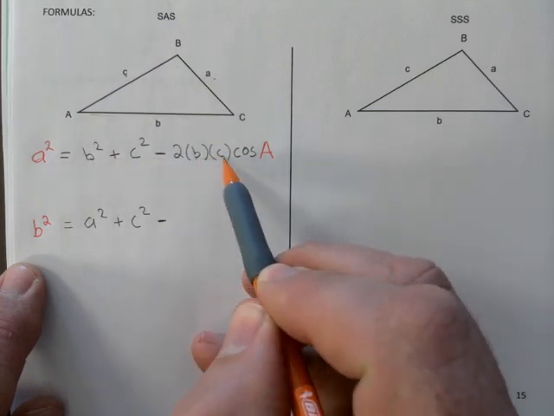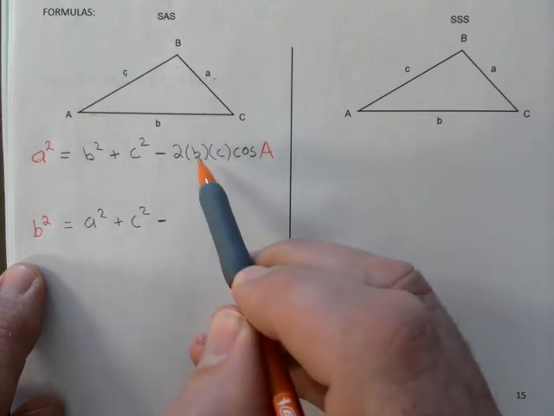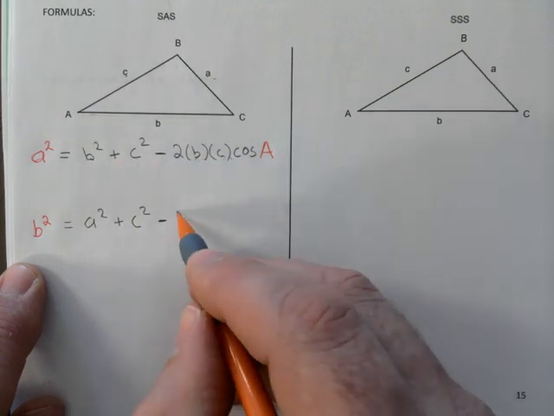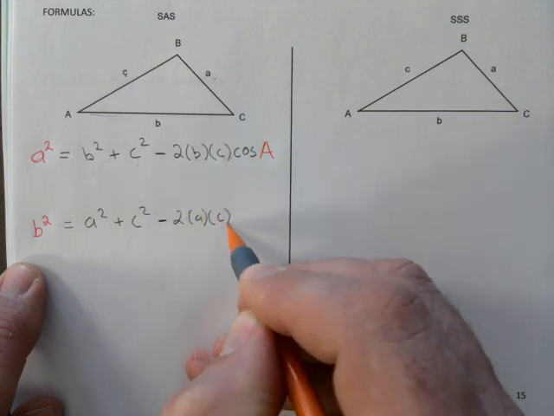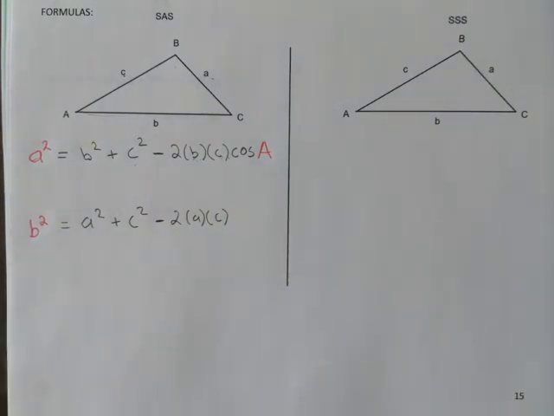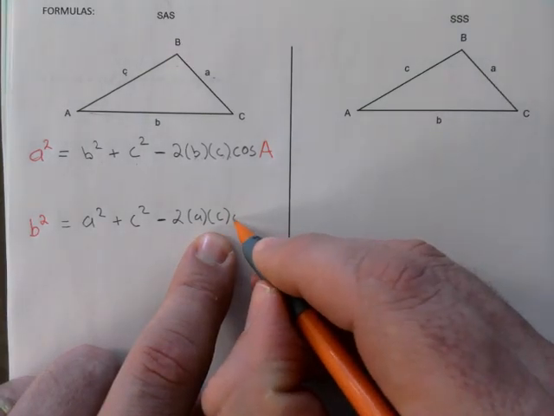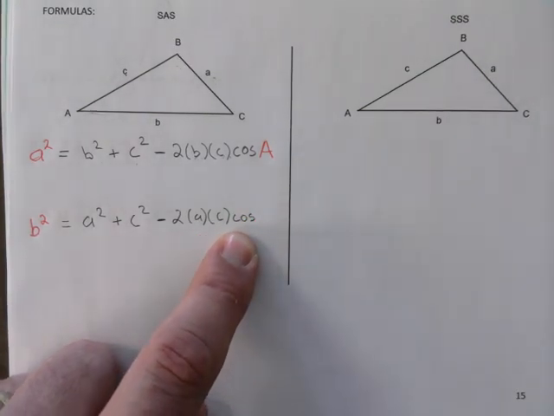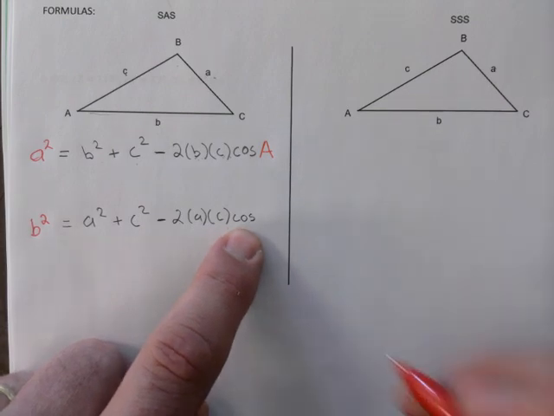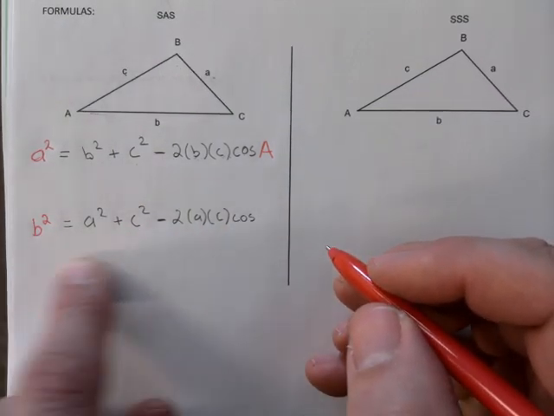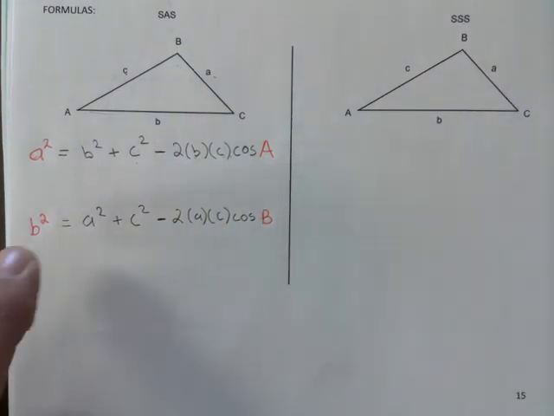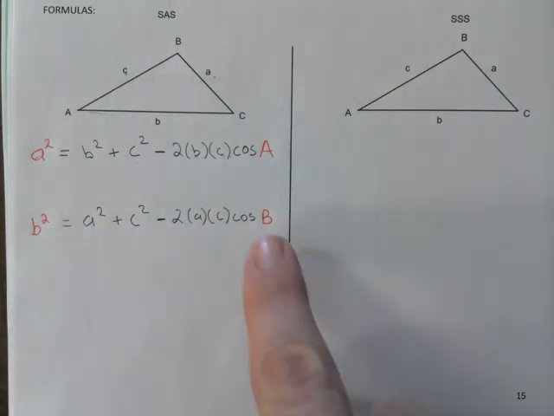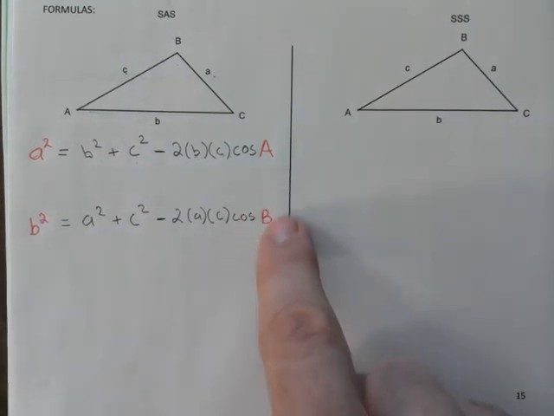B squared, C squared, and then 2 times B times C. So we're going to go 2 times A. My goal is that after a while you won't even look at the formulas. Maybe just glance at it, but you'll just remember the pattern. And this is cosine. Please don't put a sine there. Some students put a sine. If it looks like this, it doesn't look anything like the sine law, right? It looks completely different. So if you want this side, B, then you got to have that angle across from it on the other end here.